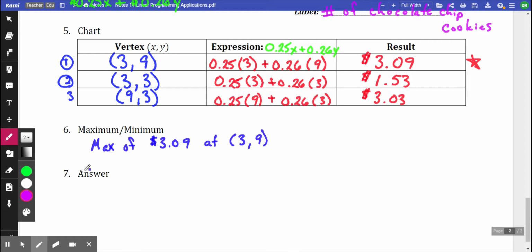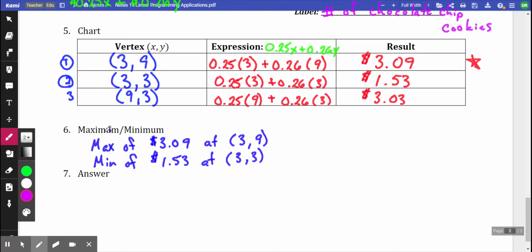And then underneath that, we can say where the minimum occurred. The minimum amount was $1.53. So the minimum profit that can be made with our constraints is $1.53. And that was at the point (3, 3). So we saw that's what optimization does.